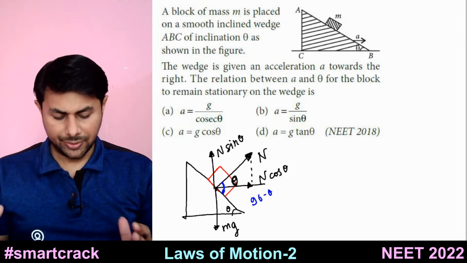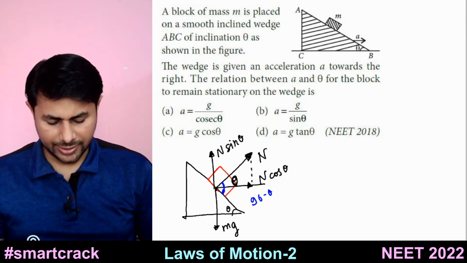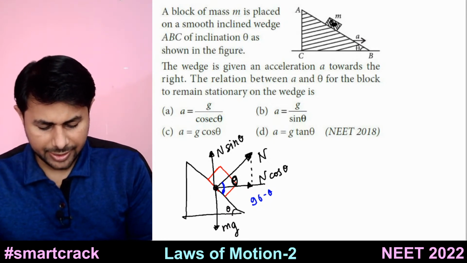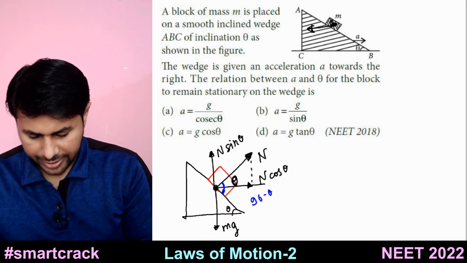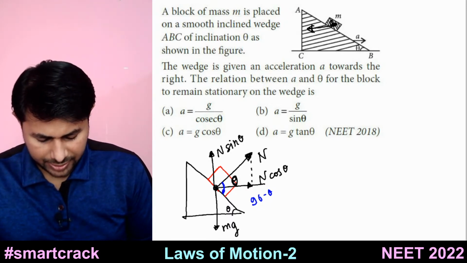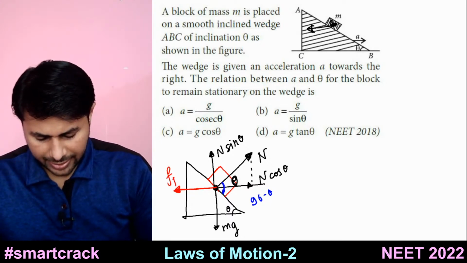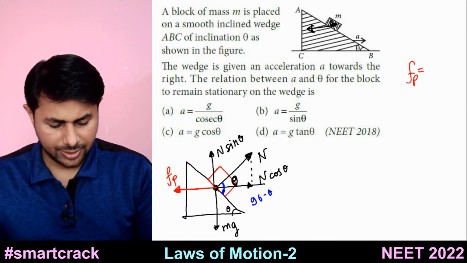Now since the acceleration is towards right, this block experiences a pseudo force towards left. I will denote it in red and write it as Fp, the pseudo force.